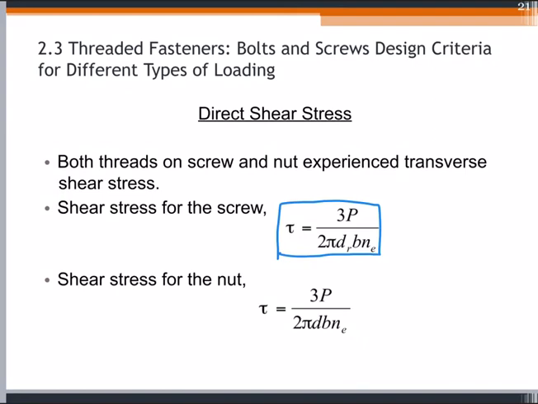And for the shear stress of the nut, we can directly find it from this formula, which is shear stress for the nut equal to 3P over 2 pi dp b and e.